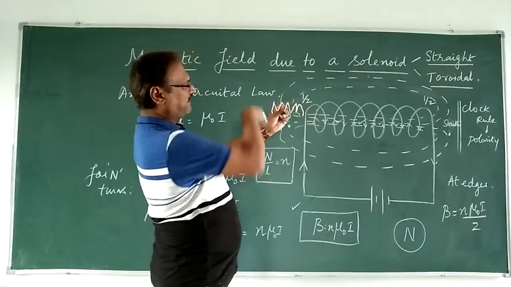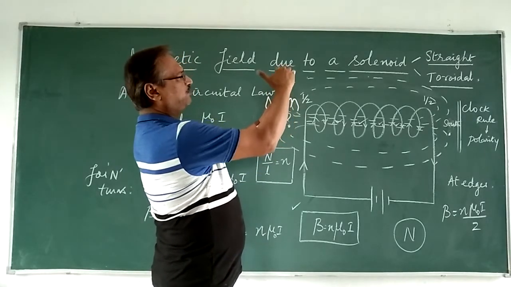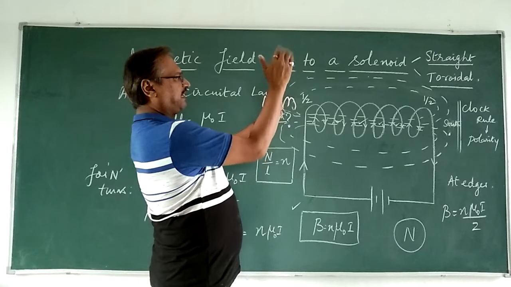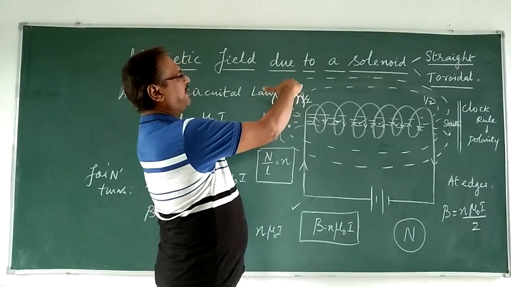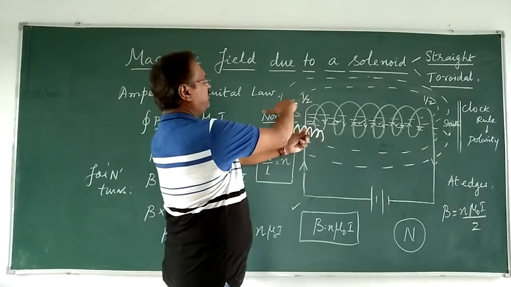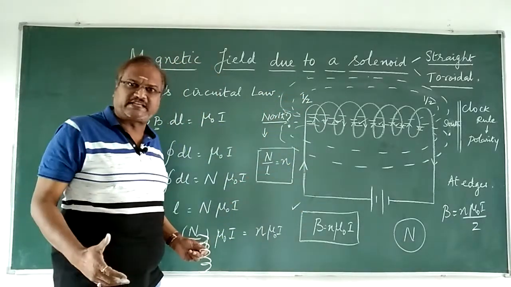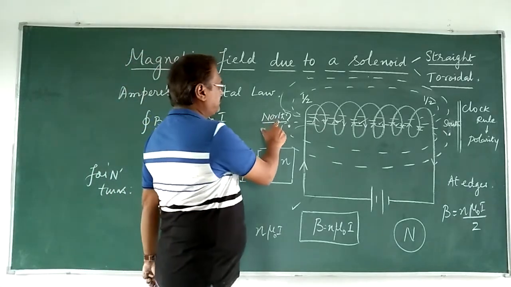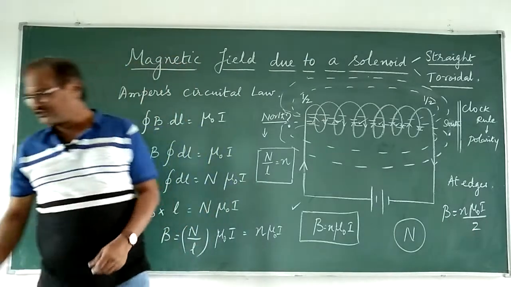It is flowing like this, and I will hold it like this. The curled fingers show me the direction of the current, and the thumb will give me the magnetic field direction. The magnetic field polarity is north, and ultimately the other end will be south.